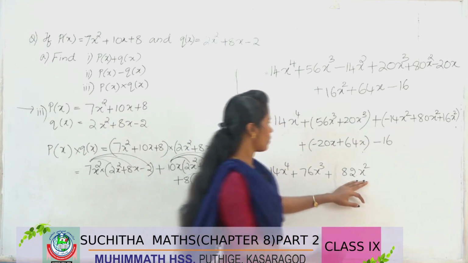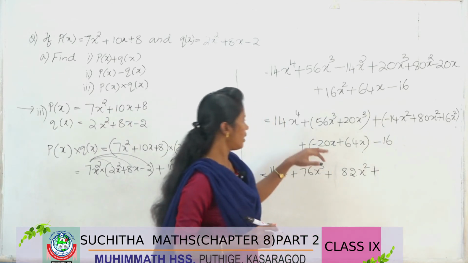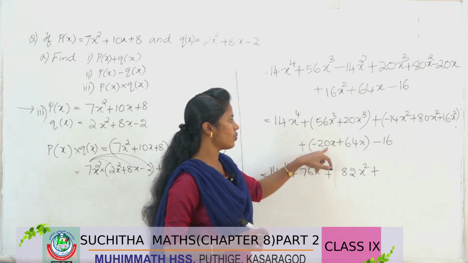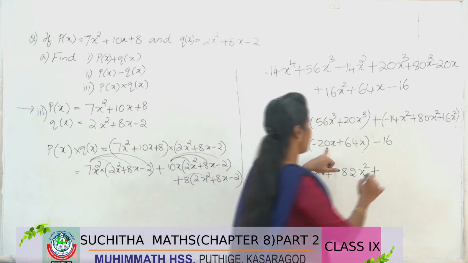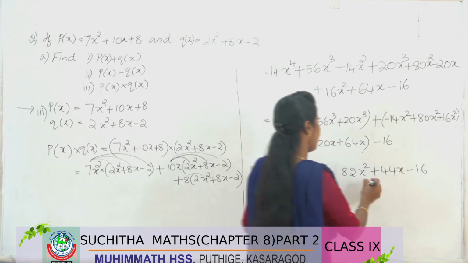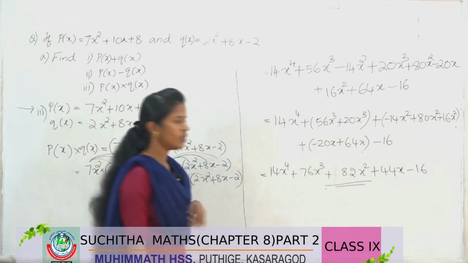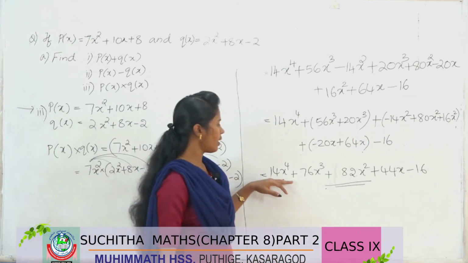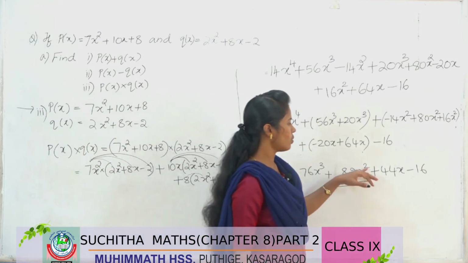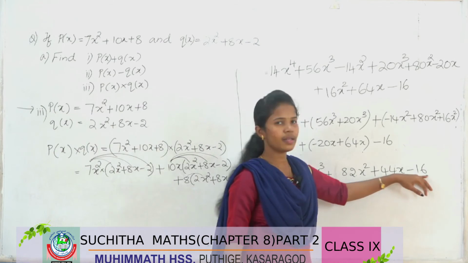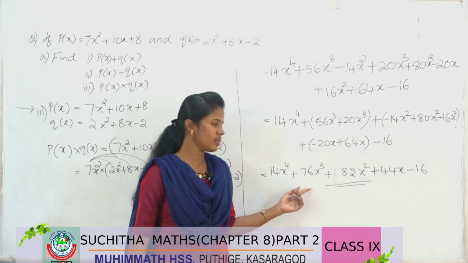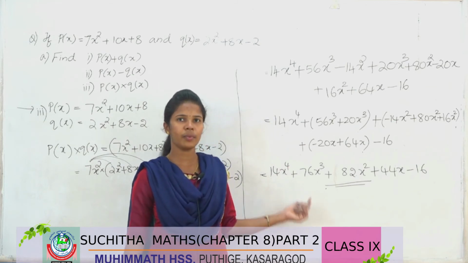So 82x square plus minus 20x plus 64x. 64 minus 20 is 44, 44x minus 16. So P of x into Q of x is 14x raised to 4 plus 76x cube plus 82x raised to 2 plus 44x minus 16. Here the highest power of x is 4, so this polynomial is a 4th degree polynomial.